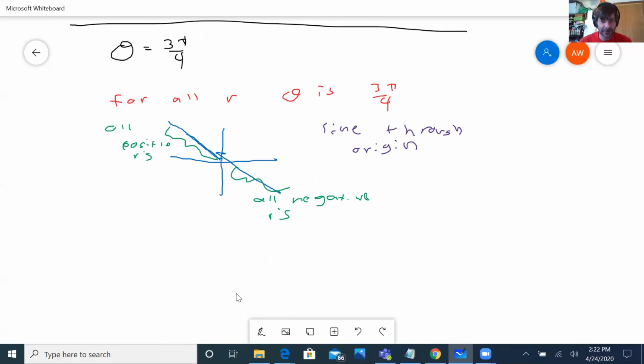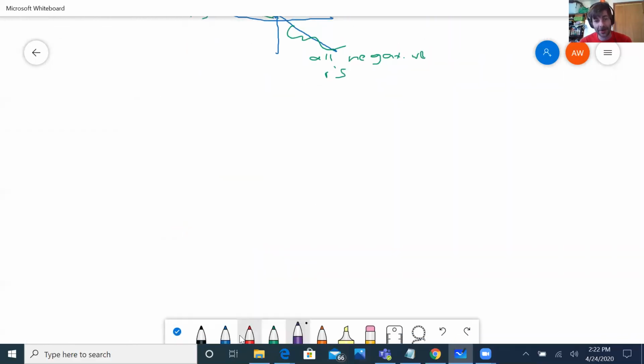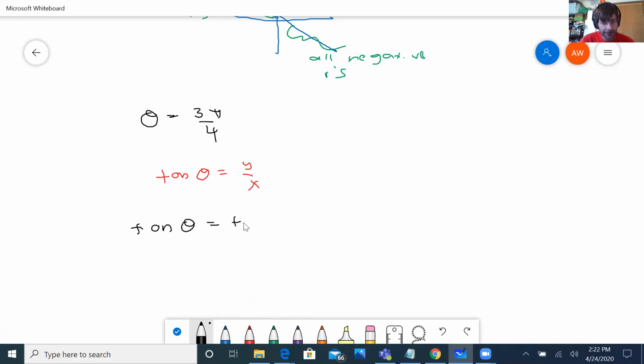Okay, well, how do I do this? I said this is how to think about it, but how do I solve this algebraically? The thing we're going to use is that the tangent of theta equals y over x. So I'm going to take the tangent of both sides. Tangent theta is y over x, and tangent 3 pi over 4 is -1.